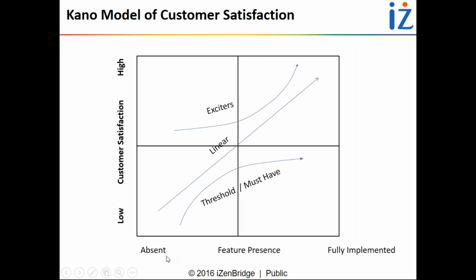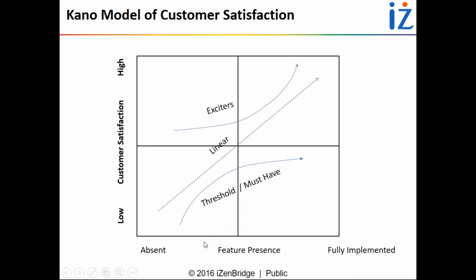If the feature is absent in your solution, for threshold requirements, for must-have requirements, the customer will be highly dissatisfied. And for exciters, the customer will not be dissatisfied. The customer is okay if a feature which is an exciter is not available, because the customer is not expecting it. Here the requirement is absent and here the requirement is available.